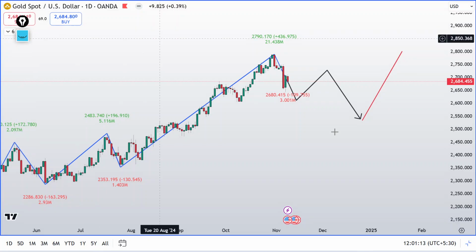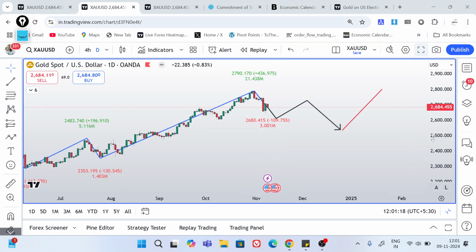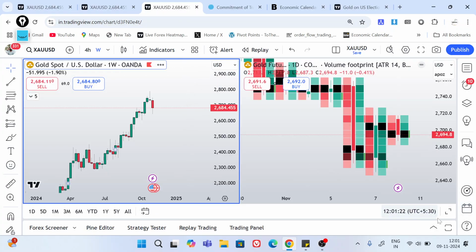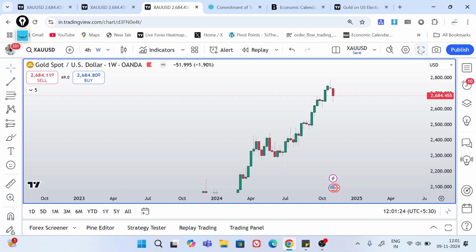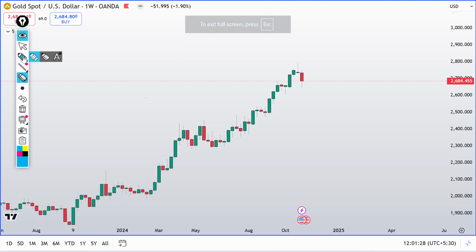Overall, it is also signaling a down move because the daily candle closure is a bearish one. Also, if we check the weekly closing price action, you can see the weekly candle closed on a bearish note, and it is not a strong bearish candle.